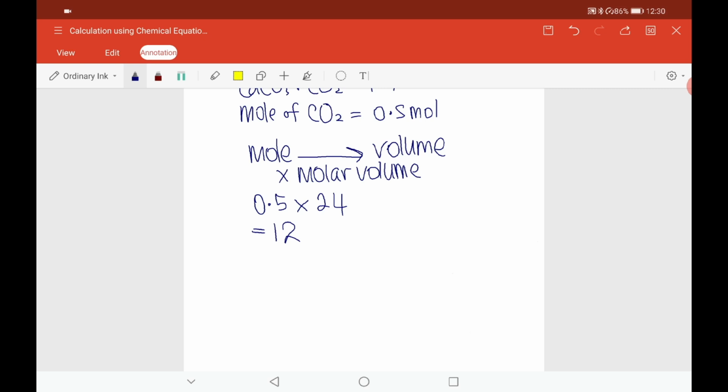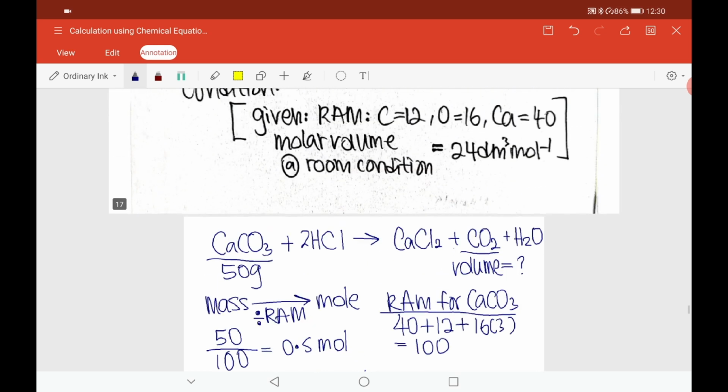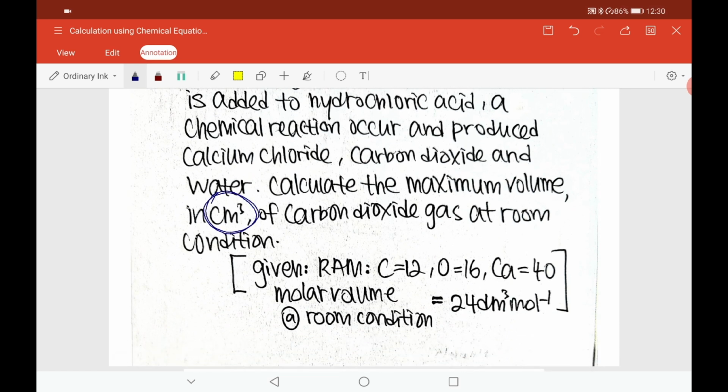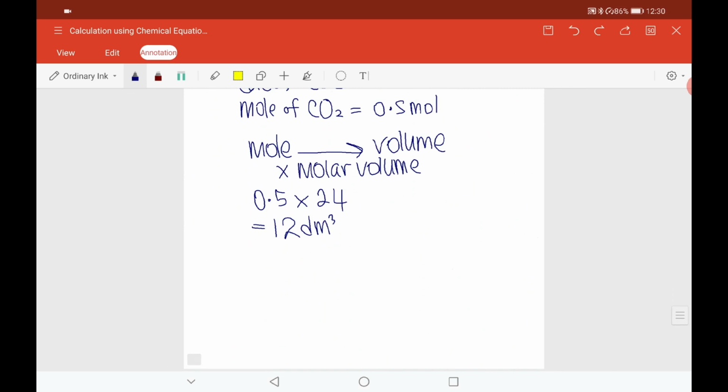So what is the unit? For volume, the unit is dm cube. But for this question, they ask us to give the volume in cm cube. So we must remember 1 dm cube is equal to 1000 cm cube.